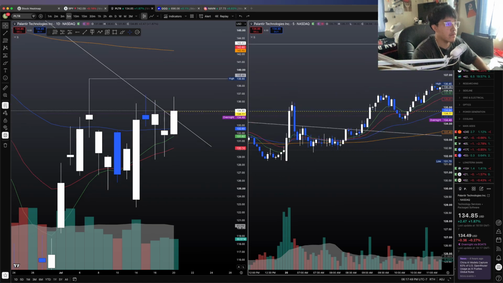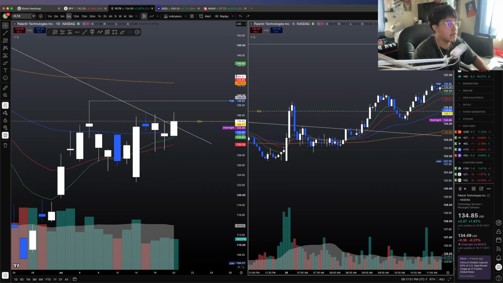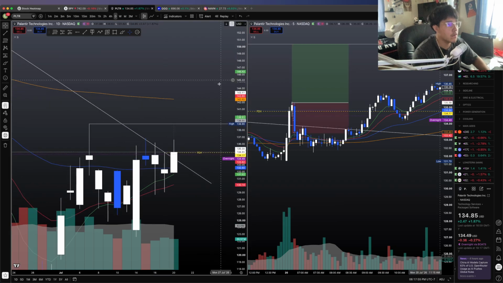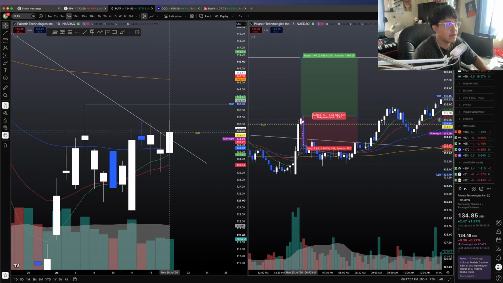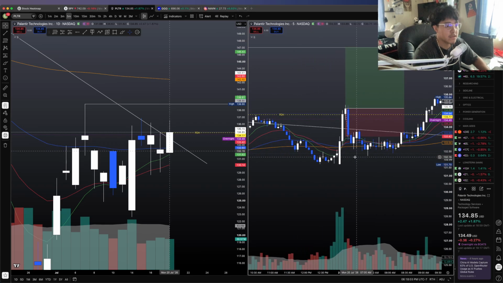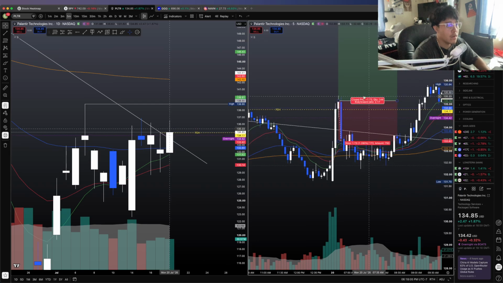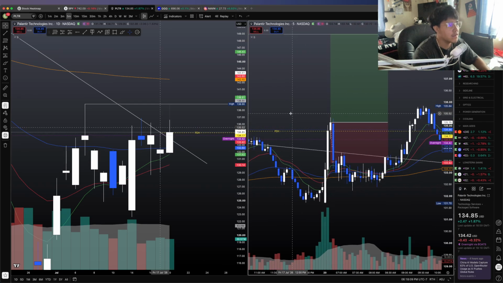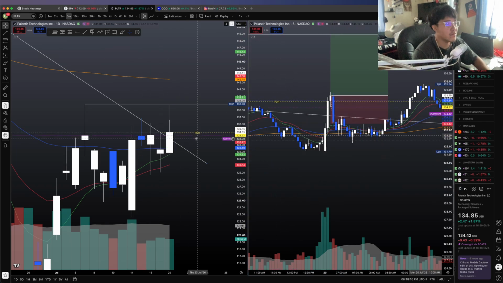So let me go back a little bit and bring back the tool. There you go. I entered right here, and what happened? Immediately, 5 minutes in, I got stopped out. I was looking back, asked a couple people and got their feedback on it, and essentially I see what they see. We ran into a lot of resistance.